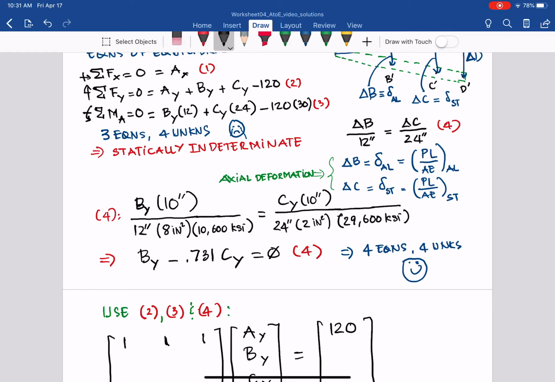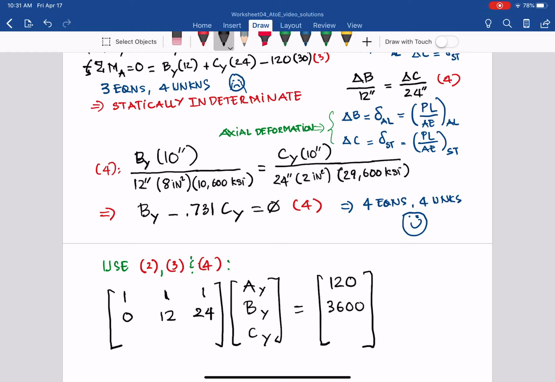Put on the other side, it becomes positive 3600, and no AY, so it will be 0, 12, and 24 for CY. Now equation 4: 0, 1 for B, and negative 0.731 for CY, and the right side equals 0.